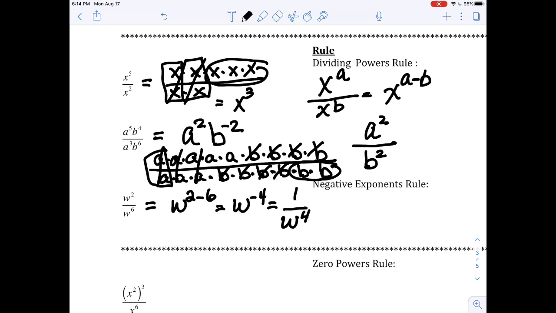So for the negative exponent rule, it is simply x to the negative a is equal to 1 over x to the positive a. And if it's 1 over x to the negative a, that is simply x to the positive a.